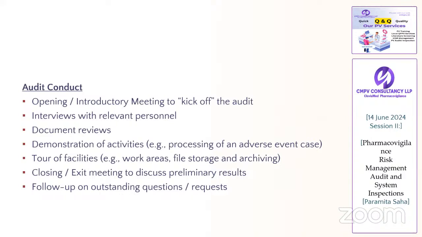The auditor needs to be very transparent, very approachable, and very humble about whatever he or she has observed and highlights in the closing meeting, in the preliminary results. It is not the final results. Something can be added on, something can be reverted, but it is just the highlights.